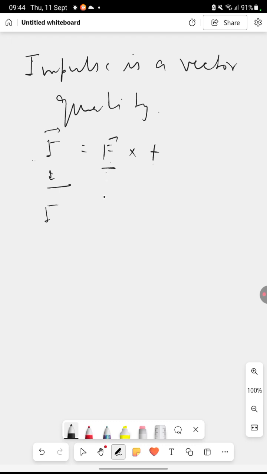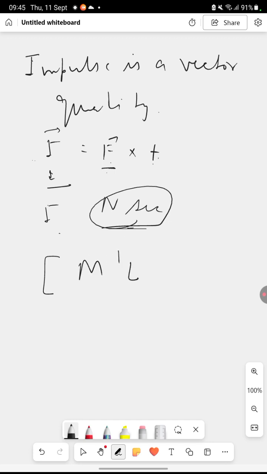SI unit for force is Newton, for time it's second. So SI unit for impulse will be Newton second. Dimension formula for force is M L T minus 2, but here one time is extra, so M1 L1 T minus 1. So this is the dimension formula for impulse.